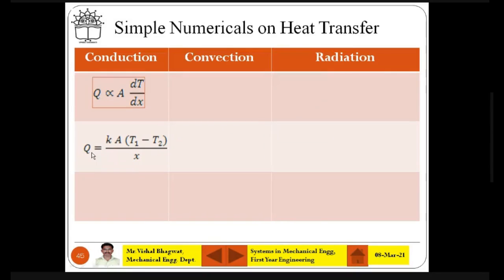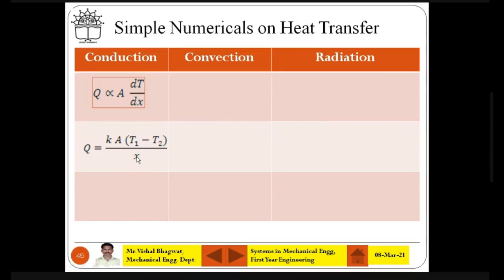Q here is for conduction, convection or radiation, but I is the current flow, and V upon R you are taking. When you transform, T1 minus T2 is the temperature difference, just as in electrical devices you have the voltage difference V1 minus V2. You keep T1 minus T2 on the numerator side, and everything else you send to the denominator side. The complete denominator will be nothing but the resistance.